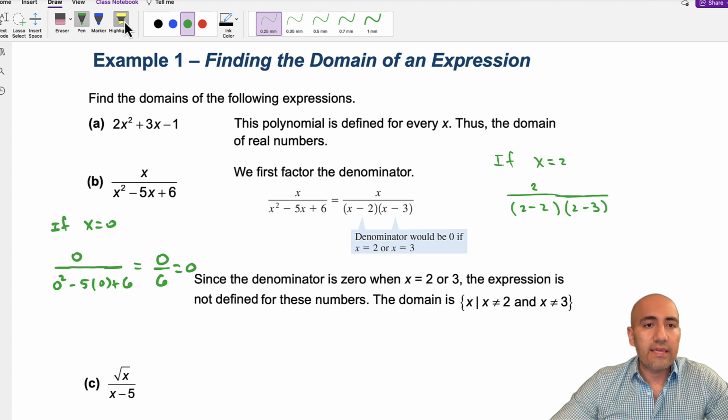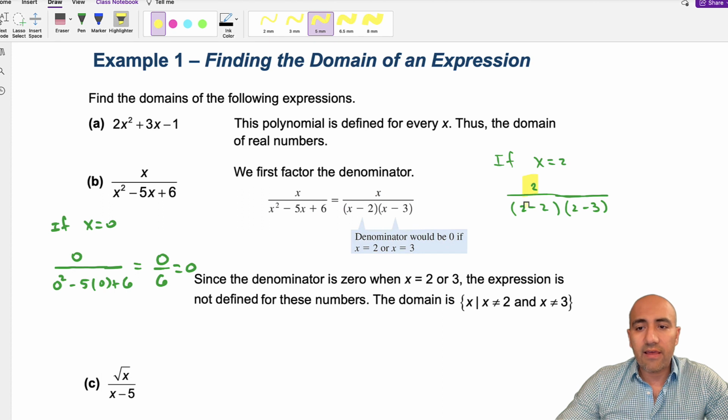Right? And this is the case where I've taken every x value and replaced it with a 2. 2, 2, 2. Right? And so obviously this would be a 0 times a negative 1, so we get a 0 in the denominator.